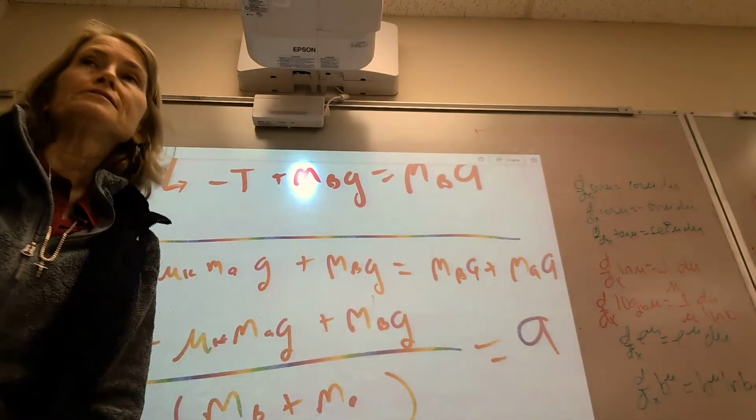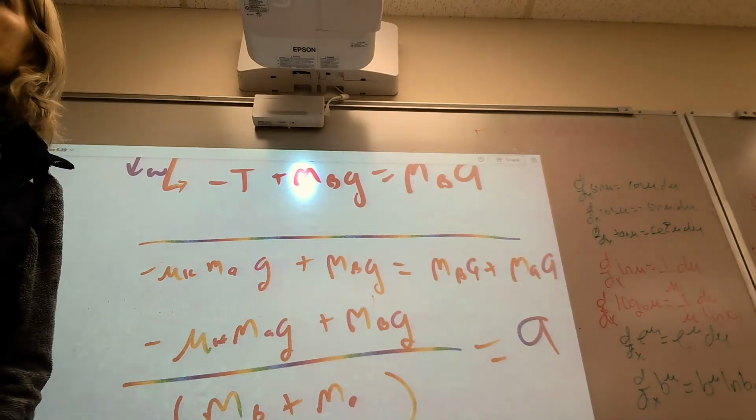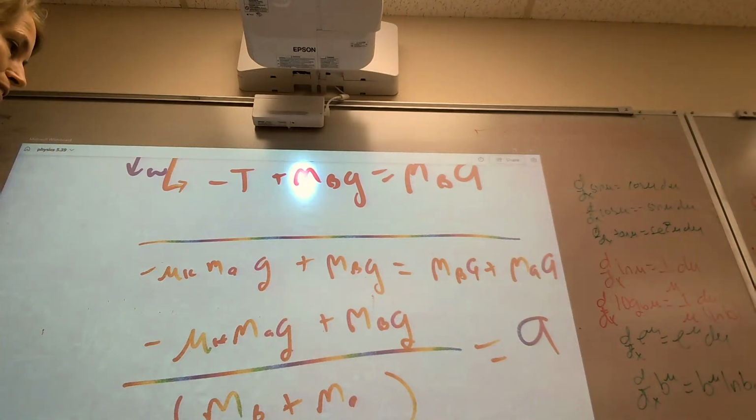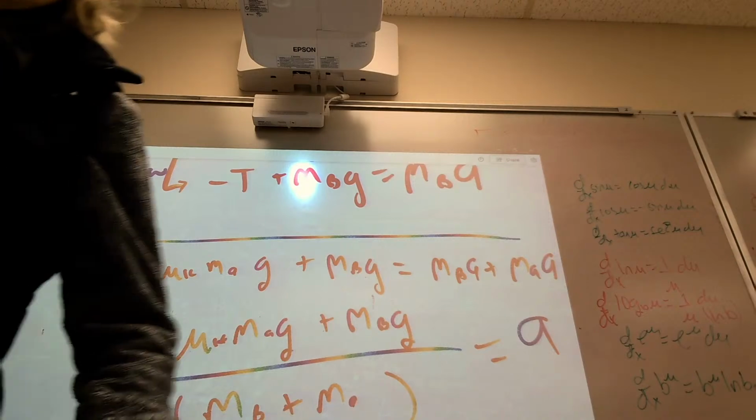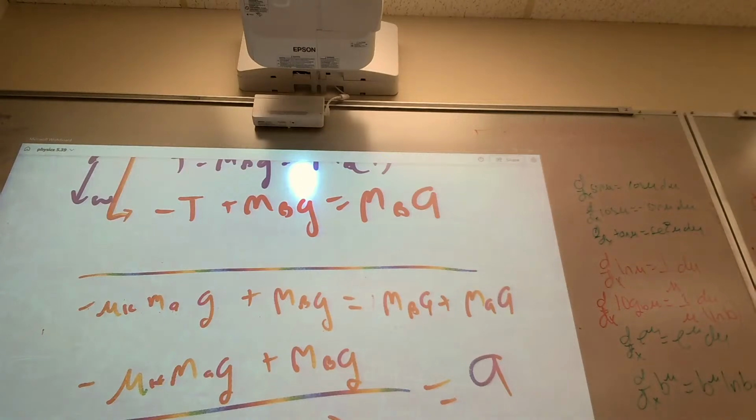Okay, so we have this. I didn't do it this way, but I plugged it in first. That's okay. By doing it this way, you can just see how it always comes out. Show me if you get your acceleration.